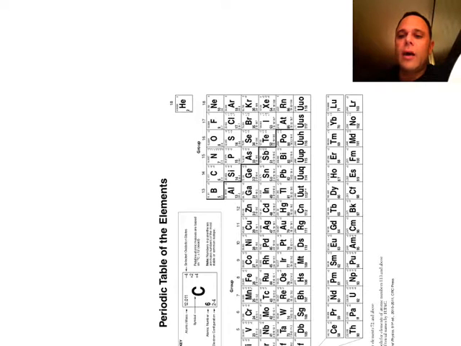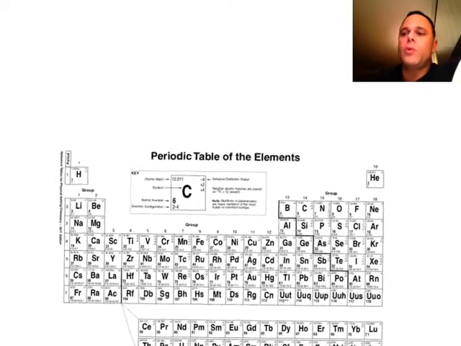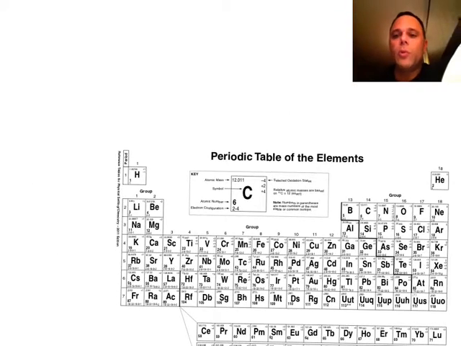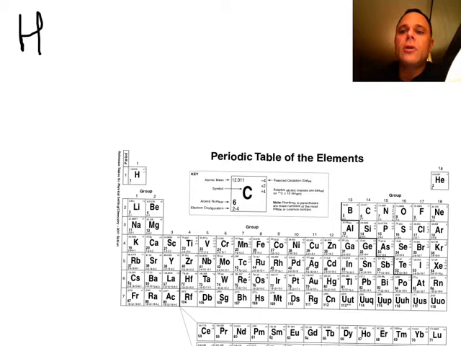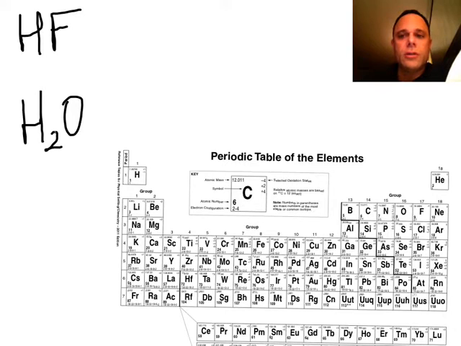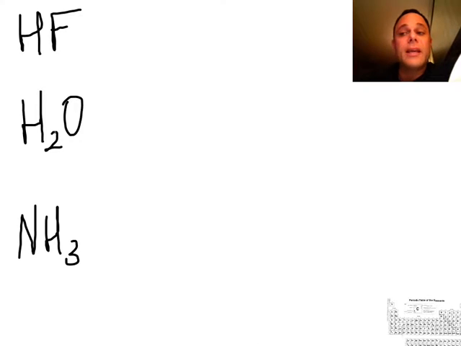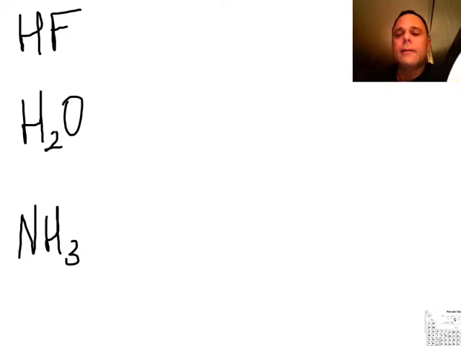When hydrogen bonds with fluorine, it takes on a 1-to-1 ratio. When hydrogen bonds with oxygen, we need two hydrogens. And when it bonds with nitrogen, it needs 3 hydrogens, and in this case, it's more commonly written as NH3. Now, let's take a look at these more deeply on the next slide.